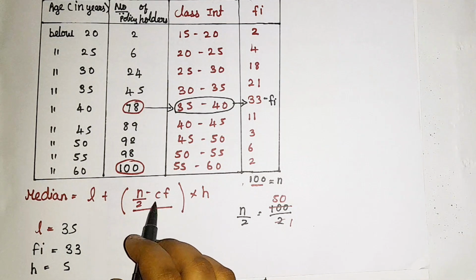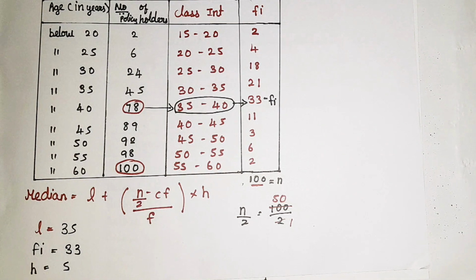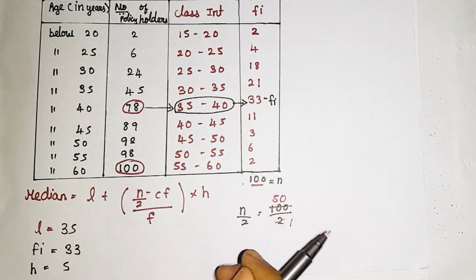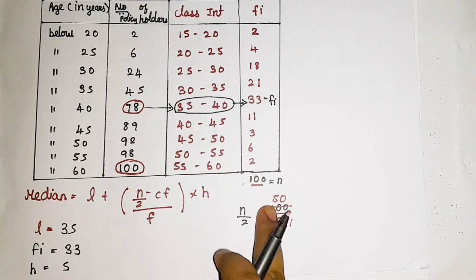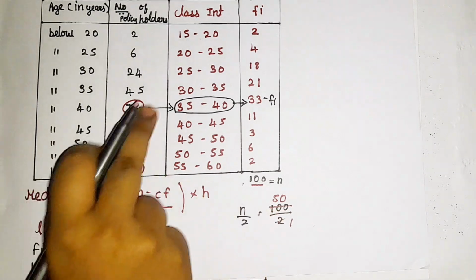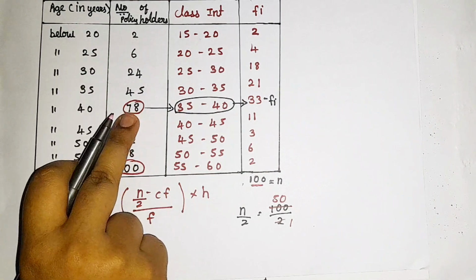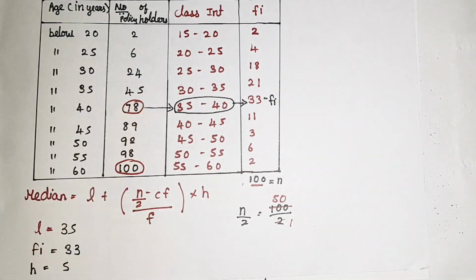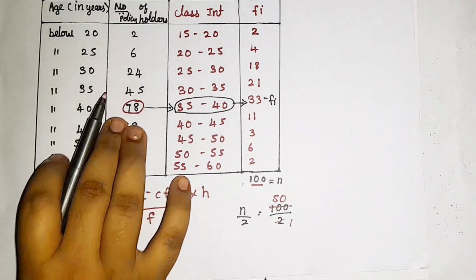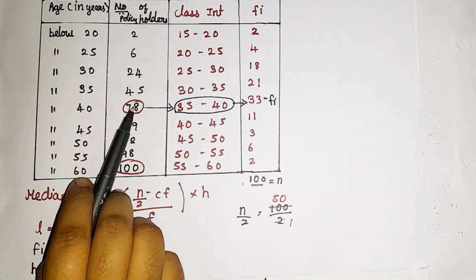Now we want the CF value, isn't it? I just told you guys, whenever we find something close, here the number is 50. In this cumulative frequency table, the closest value to 50 is either 45 or 78. Comparing both, the greatest number is 78.